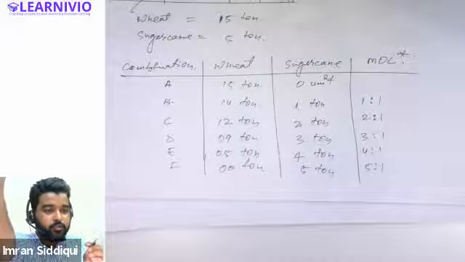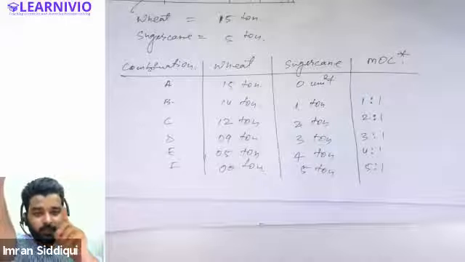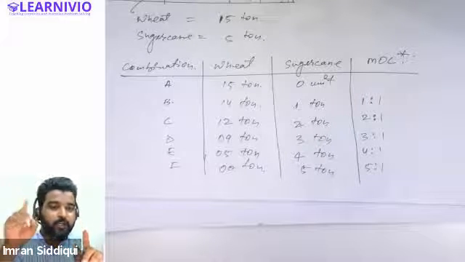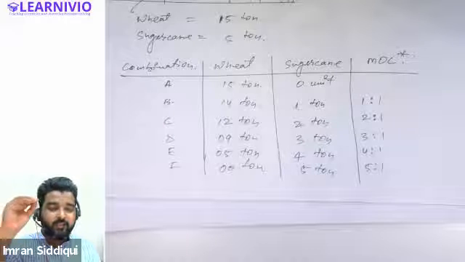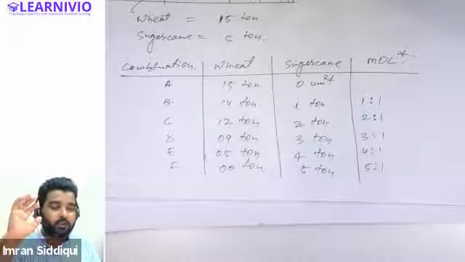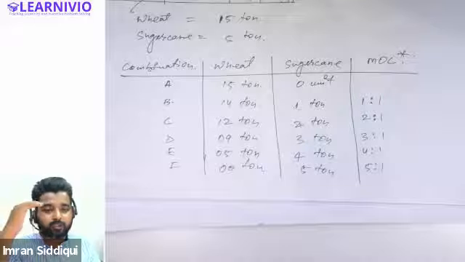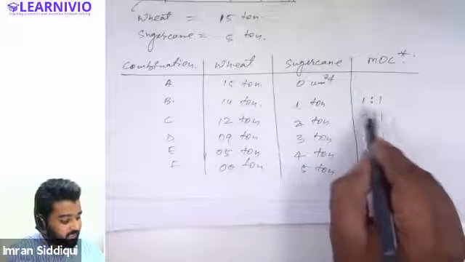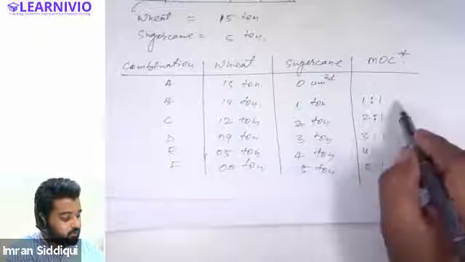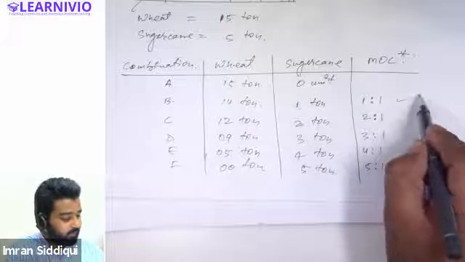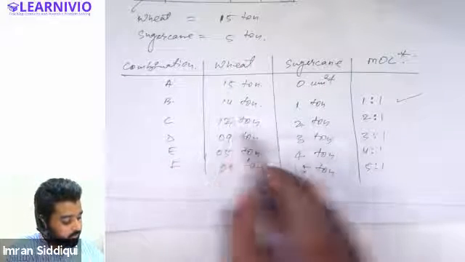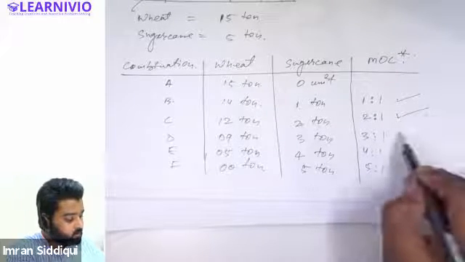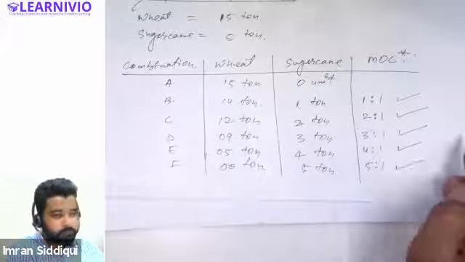If a producer wants to increase the production of one commodity by 1 unit, he has to sacrifice some units of the other commodity. The number of units he's sacrificing is known as marginal opportunity cost. So initially he sacrificed 1 for 1, so the marginal opportunity cost was 1:1. Then 2 for 1, so the marginal opportunity cost was 2:1, then 3:1, then 4:1, and then 5:1.